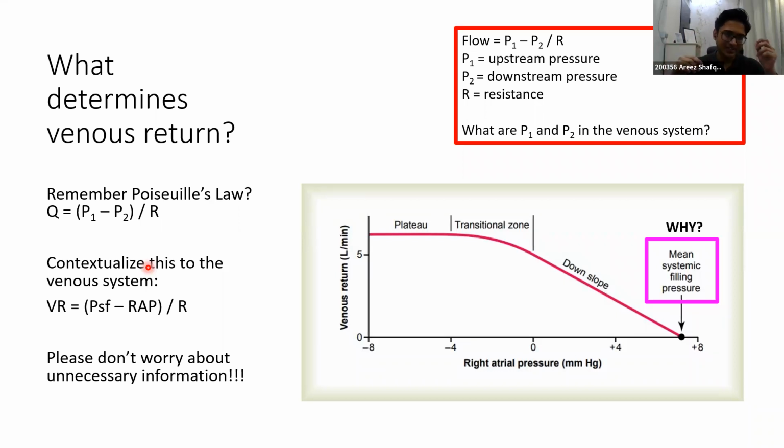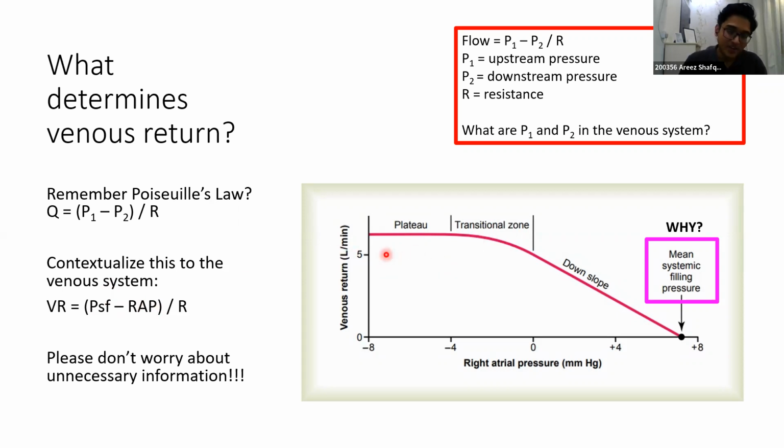That's all you need to know. Dr. Abdul Jabbar is not going to ask you to explain what mean systemic filling pressure is. You just need to know that it is the amount of pressure generated by blood in the circulation. It is the upstream pressure in the equation of venous return. That's it, finish, okay? Other than that, this other information is useless, to be honest.